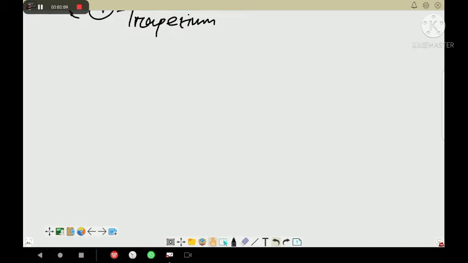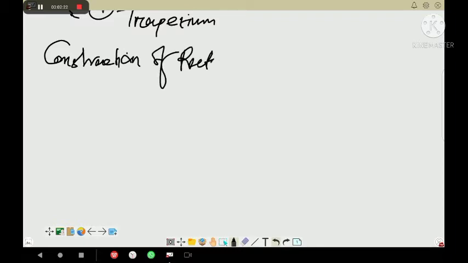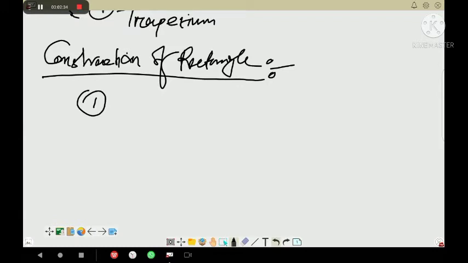So, construction of rectangle. Now we are talking about the construction of rectangle. There are two cases. Case 1: sides are given.